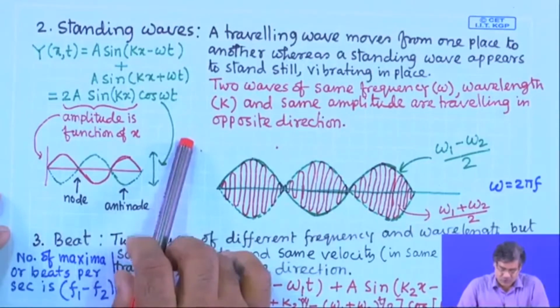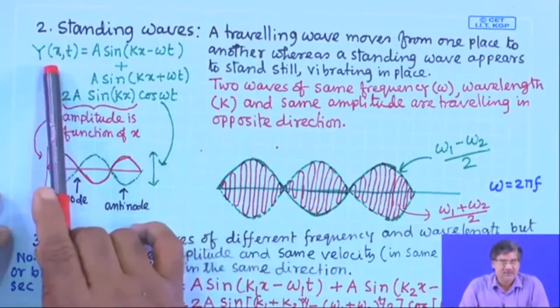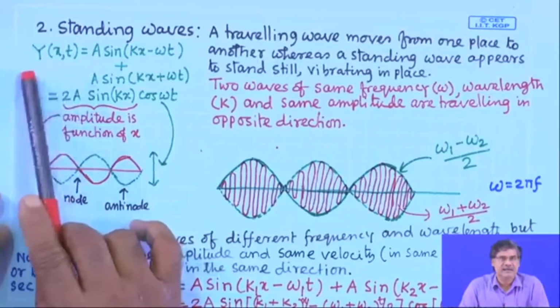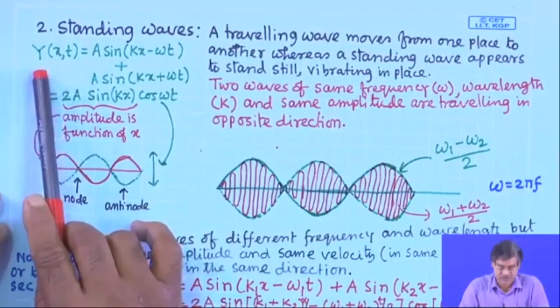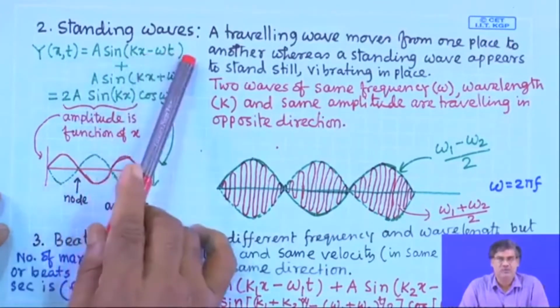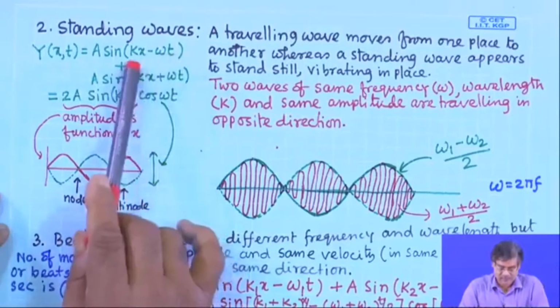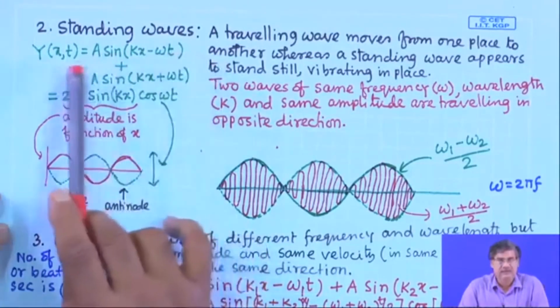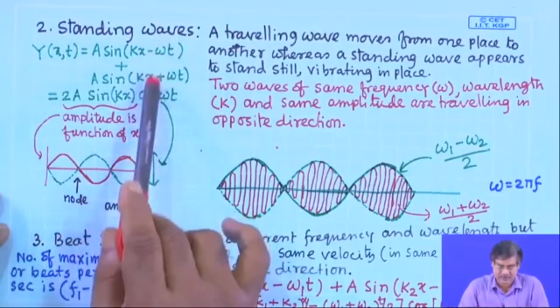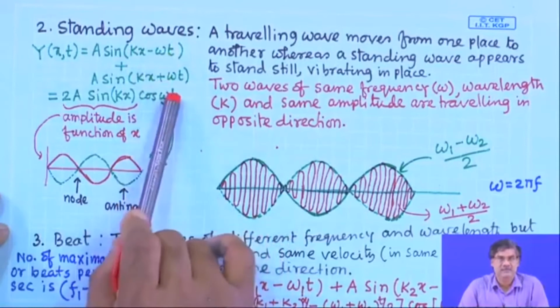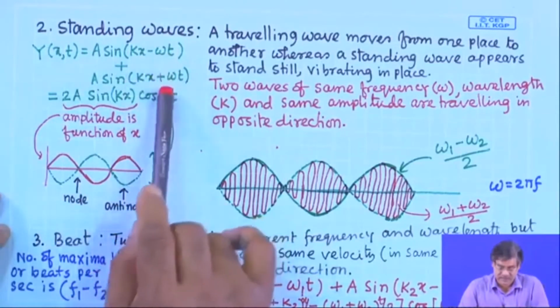In this case, the resultant y as a function of x after superposition will be equal to A sin(kx − ωt) plus A sin(kx + ωt), as they are moving in opposite directions. In the case of interference, the signs were the same; now the signs are different.